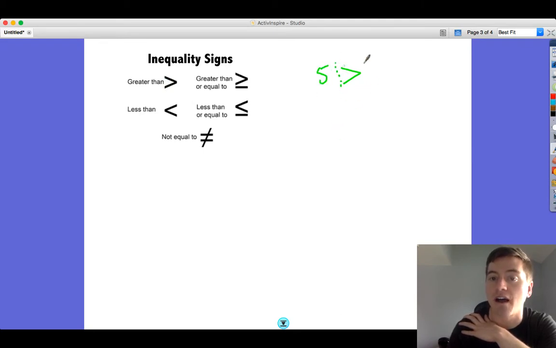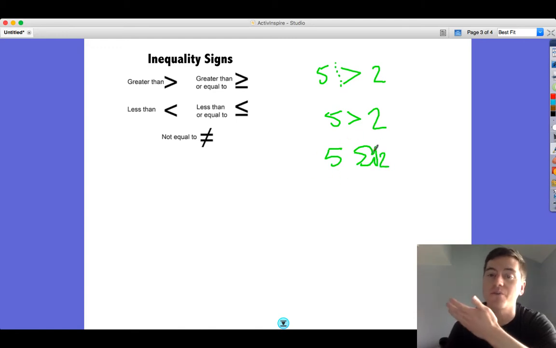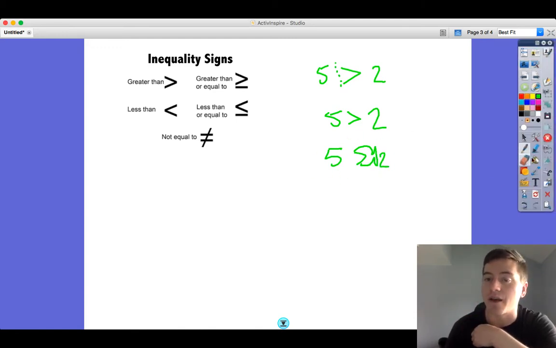So 5 and 2, if we're comparing these, we know that the larger side goes towards the larger number. It's saying that start big, get smaller to get to 2. This is how you can think of it. Some people like to think of it as the fish, or the alligator or whatever, is eating the bigger number because he wants the bigger meal. It's another easy way to think about it.